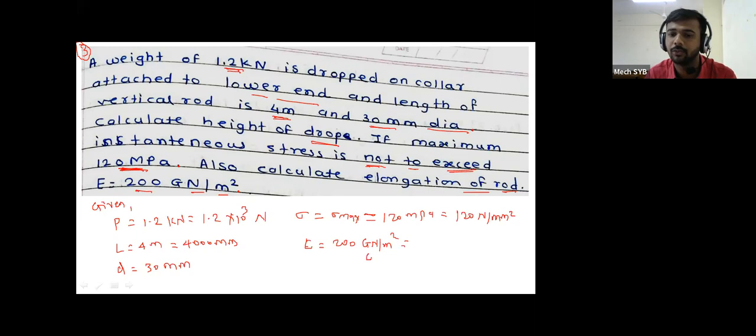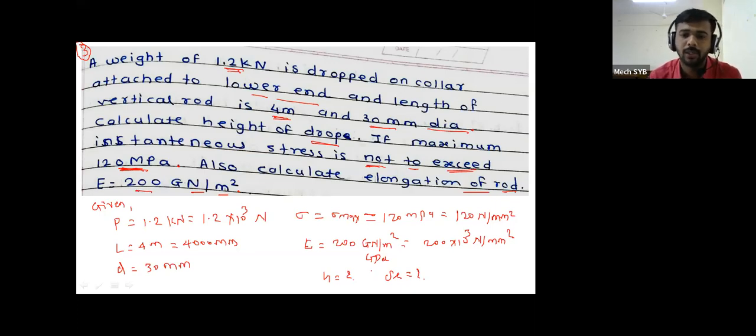Giganewton per meter square means gigapascal. So 200 into 10 raised to 3 Newton per mm square. And we have to calculate the height and the delta L. Okay, so this is the problem in front of you.